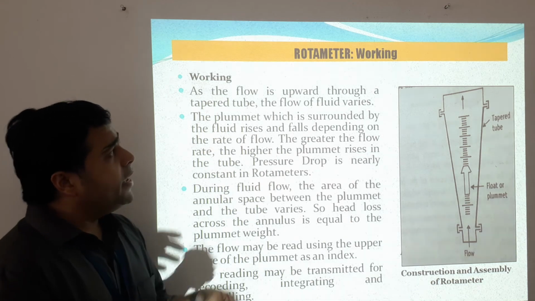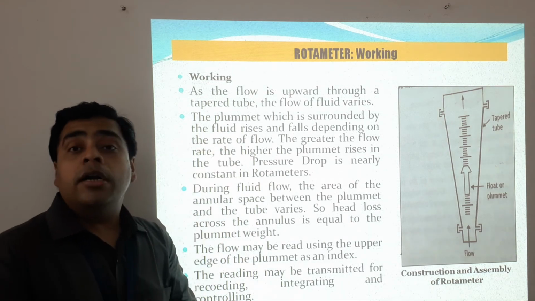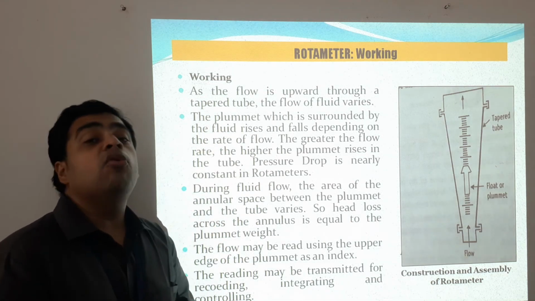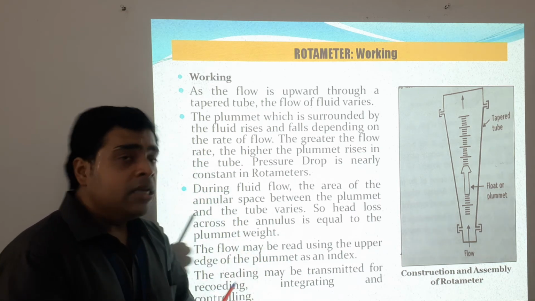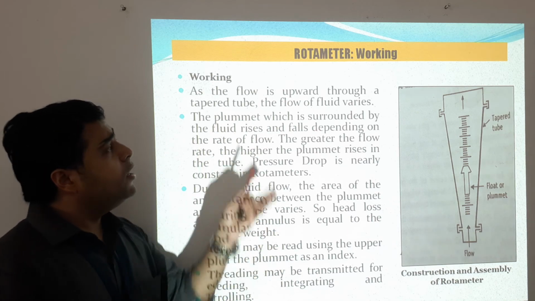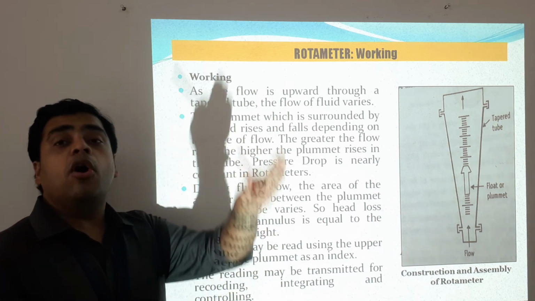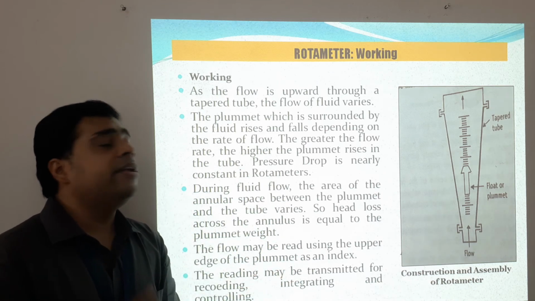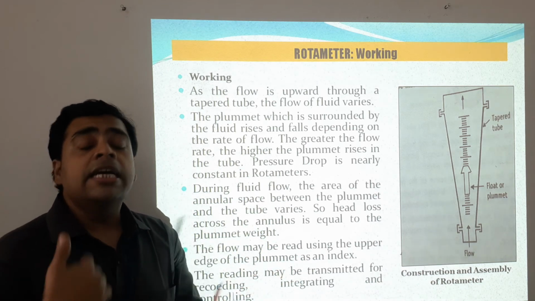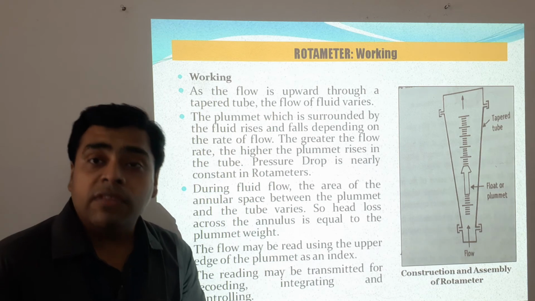Come to its working. As the flow is upward through a tapered tube, the flow of the fluid varies. The plummet, which is surrounded by the fluid, rises and falls depending on the rate of flow.